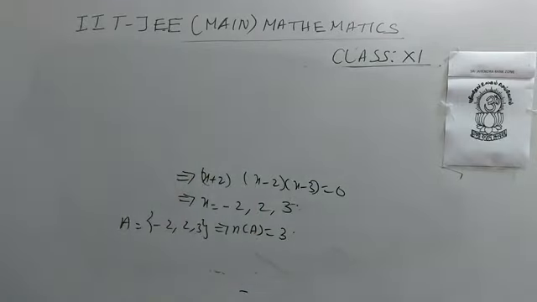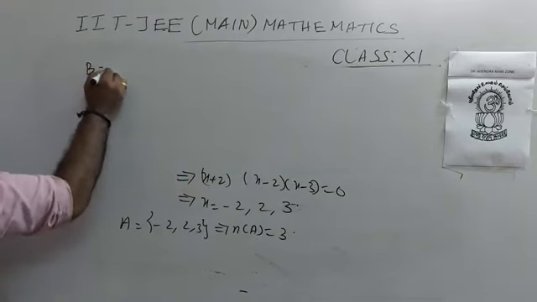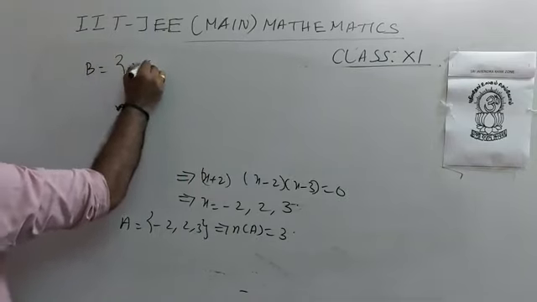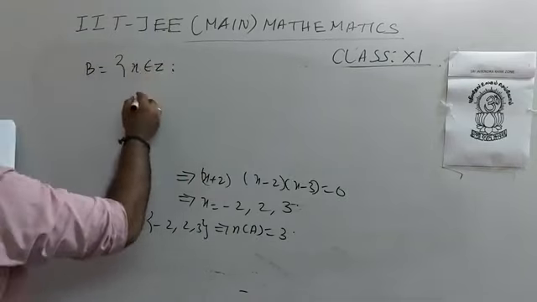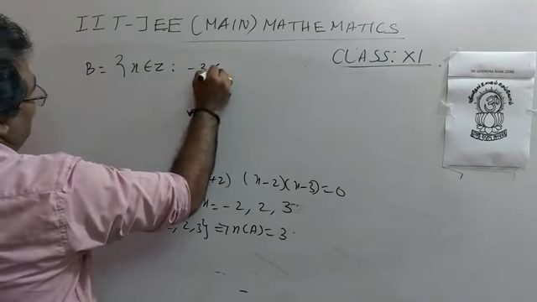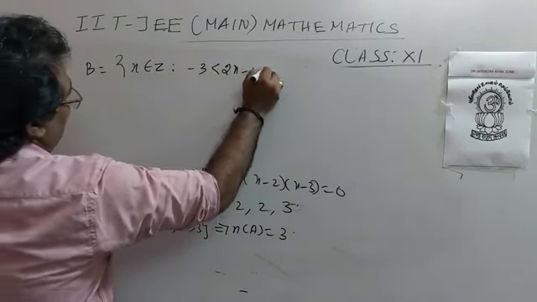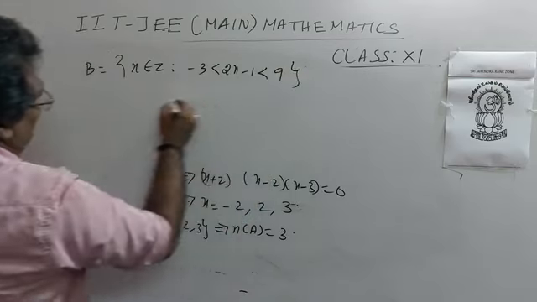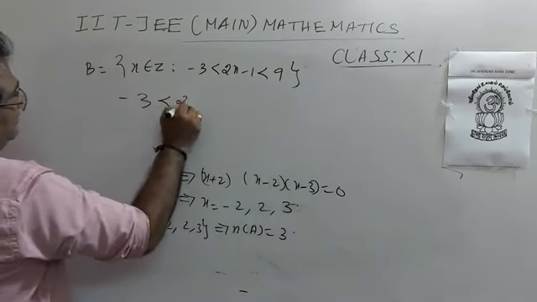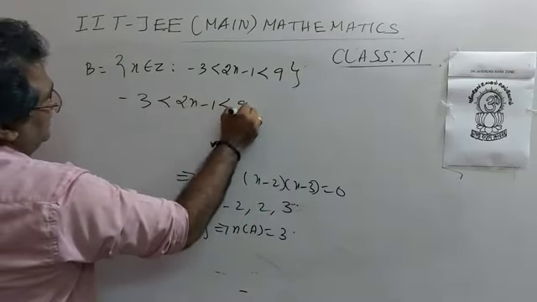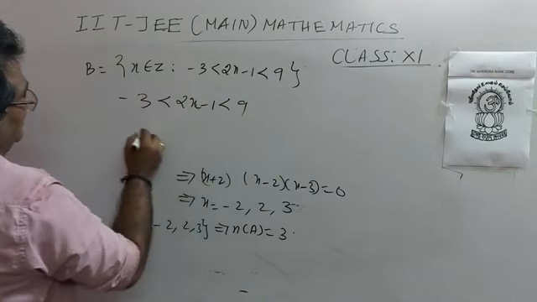Next, we consider set B, the set of all x belongs to Z such that minus 3 less than 2x minus 1 less than 9.